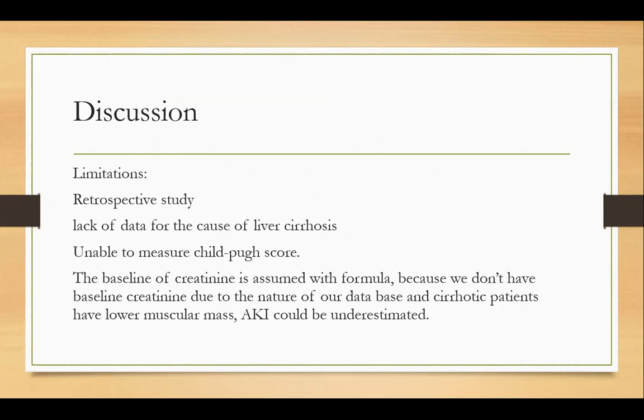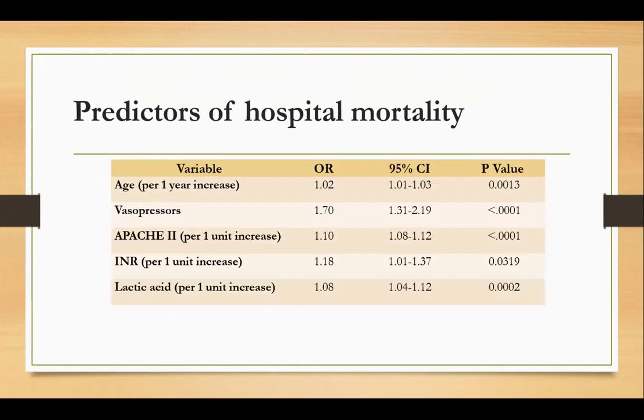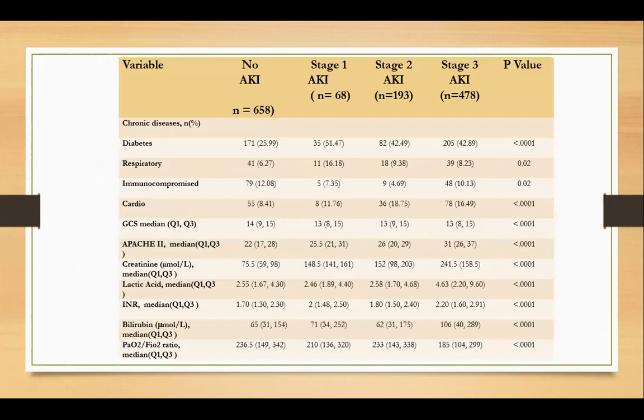Good. I think the high prevalence of diabetes is striking also. So high prevalence of diabetes increases the risk of AKI. Yes, correct. Diabetes was around 43% in the stage 3 AKI group, while in the non-AKI group it was 25%. It was statistically significant. Very good. Other questions?